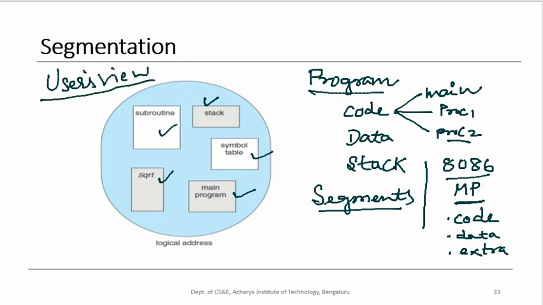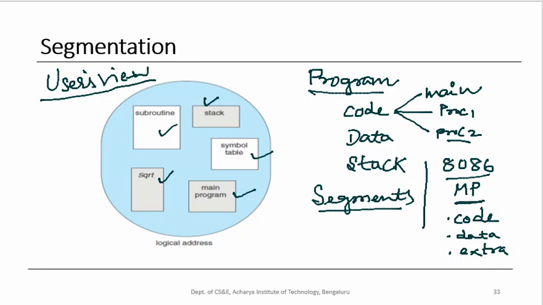A programmer or a user will see the program as different segments of different sizes. This is the basic idea behind segmentation. Now the operating system will allocate memory as per the requirements of these segments.